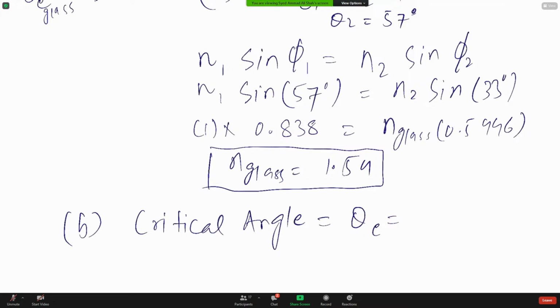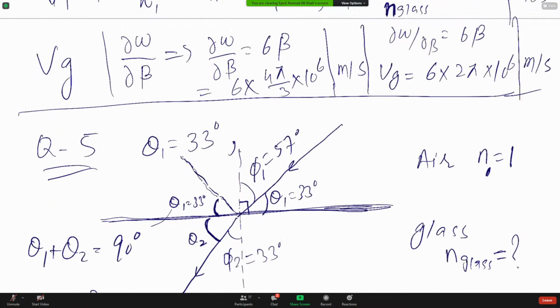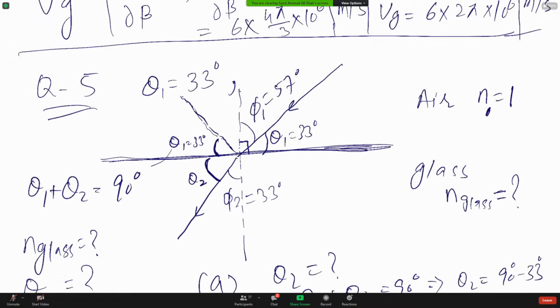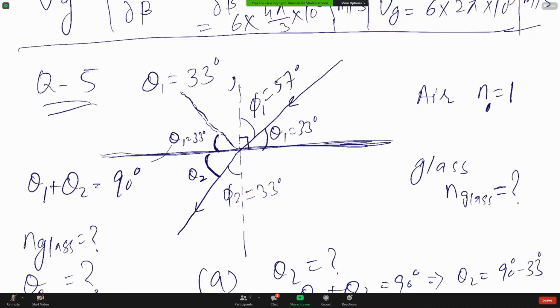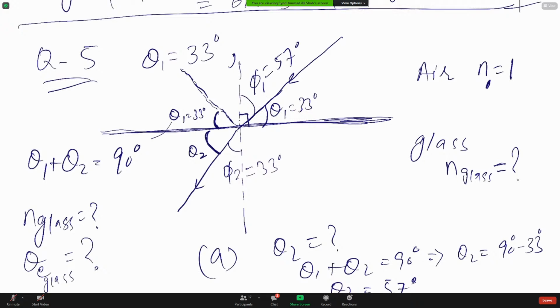The critical angle is where you have total internal reflection. So this refracted part, this straight line which is going inside the glass, is totally reflecting back. So basically, what does it mean?